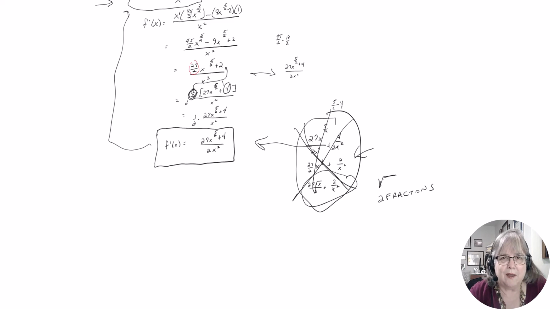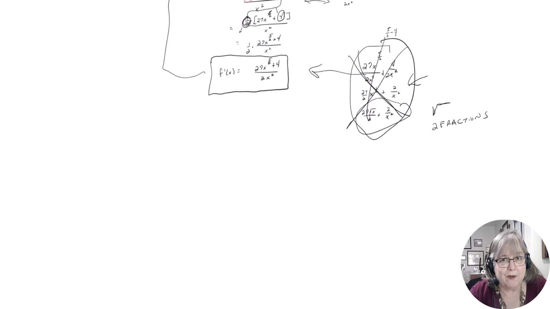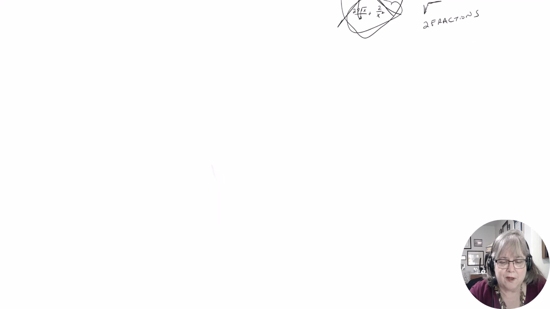So separating it into 2 fractions is not helpful. If your computer software makes you do that, well, you just do what you have to do, but it is not really very helpful.